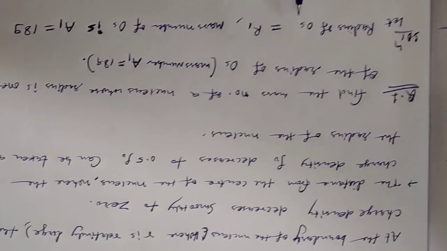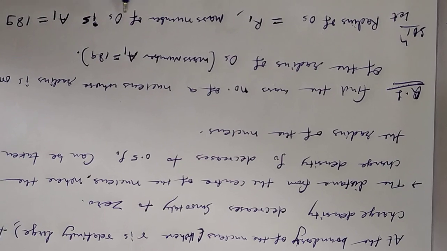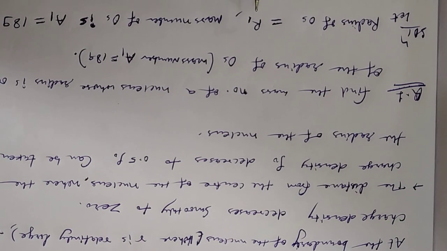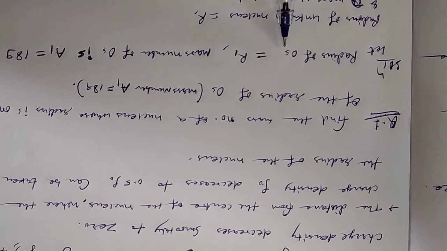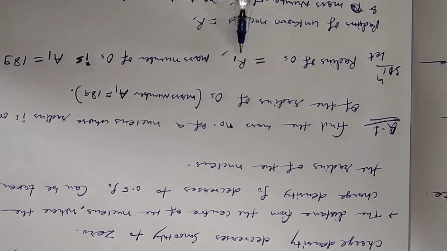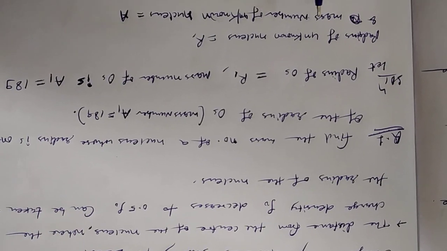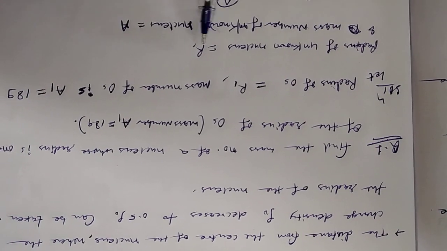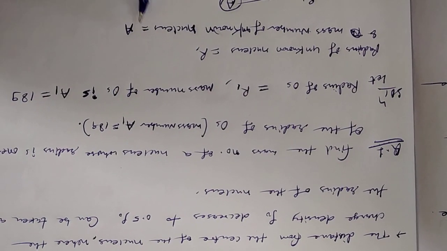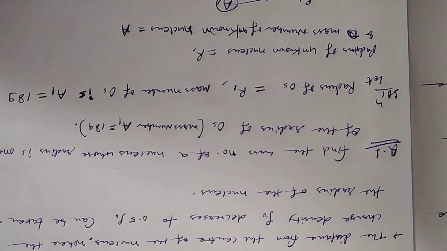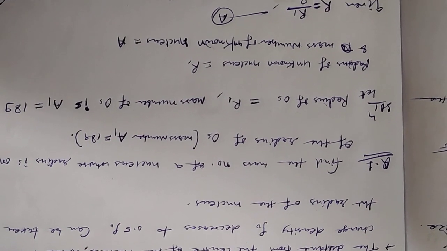It is given that the mass number of osmium is A1 equals 189, and let the radius of the osmium nucleus be R1. For the unknown nucleus, the radius is R and the mass number is A.